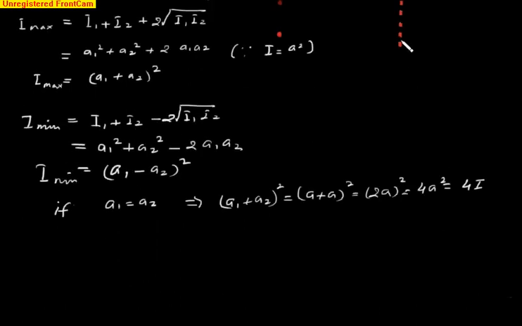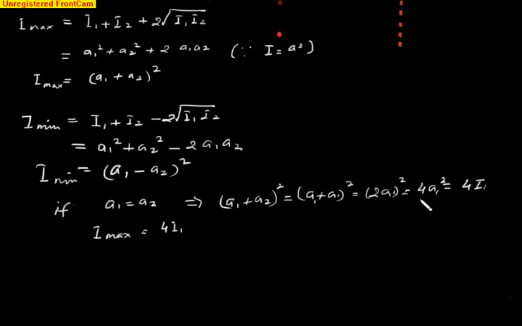And what will happen at the minimum point? Let us see. In this case, I maximum will be equal to 4 times I. Let me say it is A1 and A1, so it will be 4 times A square, because both intensities are the same.